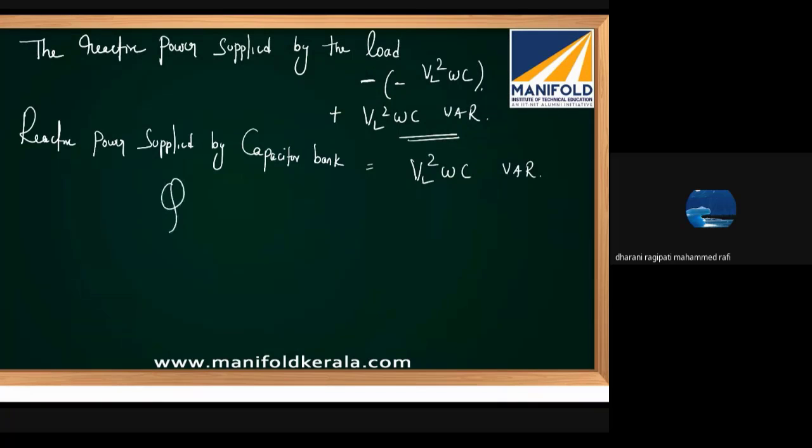So Q supplied by capacitor load is directly proportional to square of voltage and frequency. Remember, in case of inductor bank or inductive load, the reactive power absorbed is directly proportional to VL square by frequency, whereas in case of capacitor, the reactive power supplied by capacitor is directly proportional to VL square into F.